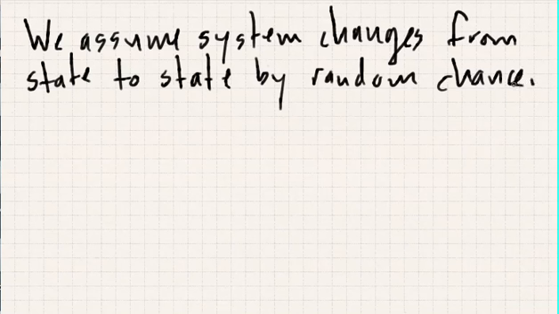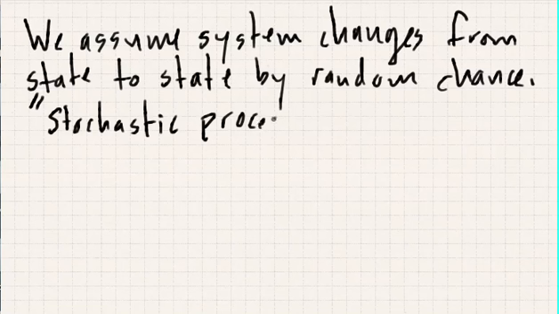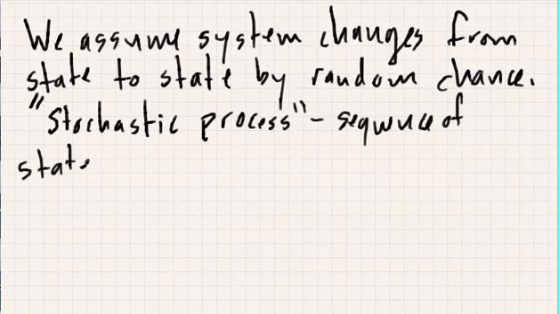So we only have probabilities that you move from state A to state B or something like that. I'm just going to write this word down once and then we're not going to use it again, but this is something called a stochastic process, which is the sequence of states that a system follows.